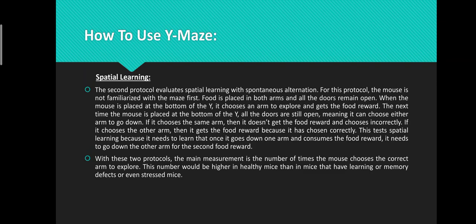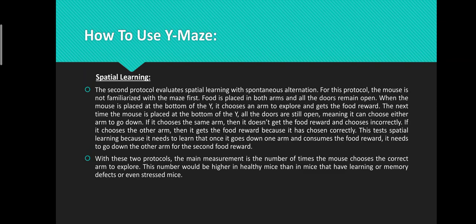When the mouse is placed at the bottom of the Y, it chooses an arm to explore and gets the food reward. The next time the mouse is placed at the bottom of the Y, all the doors are still open, as in the first protocol, meaning it can choose either arm to go down.